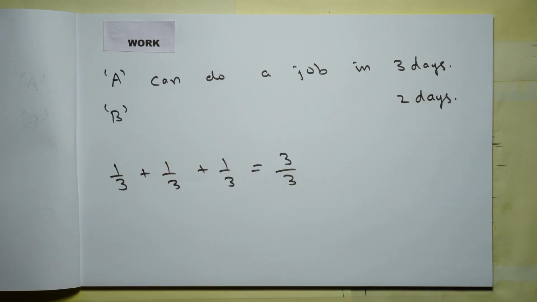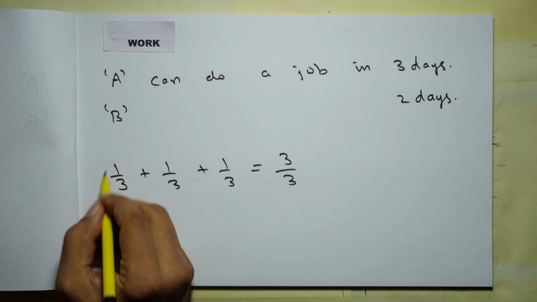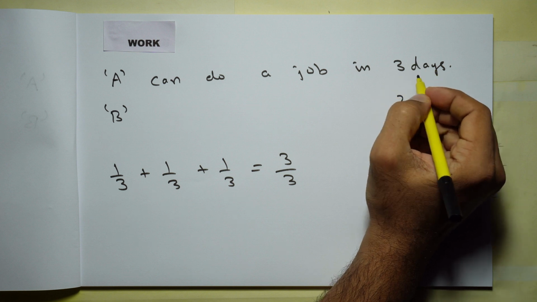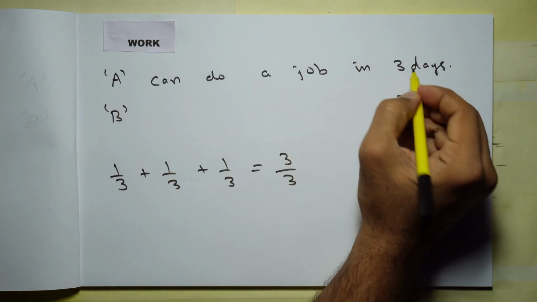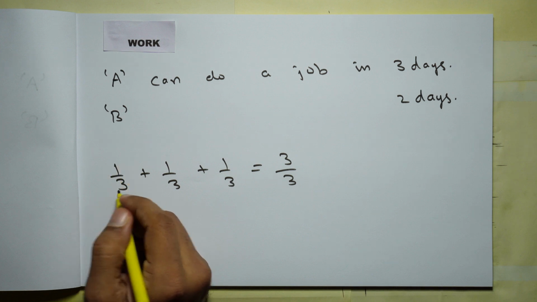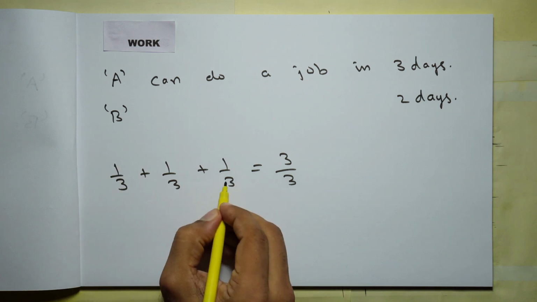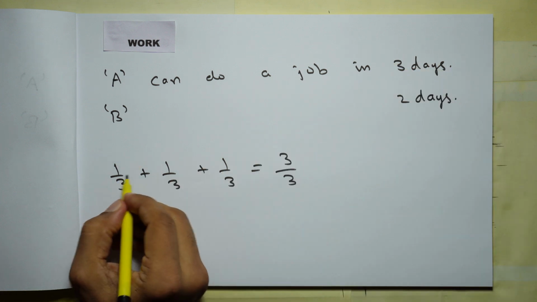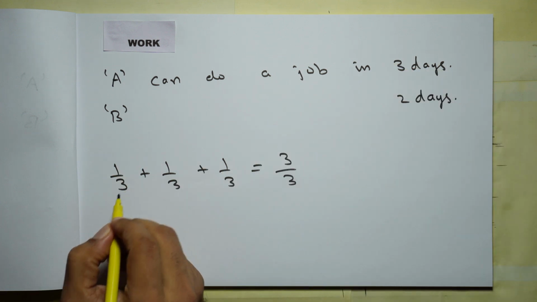So you can see that the part of the work done per day and the number of days required are reciprocals of each other.